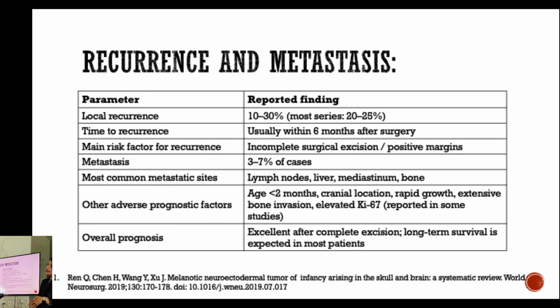Metastasis is very rare, up to 3 to 7% of cases, but if it occurs, it would go to the liver, lymph nodes, bones, and the mediastinum. The adverse prognostic factors would be young age, higher Ki67, very rapid growth, or extensive bone invasion.